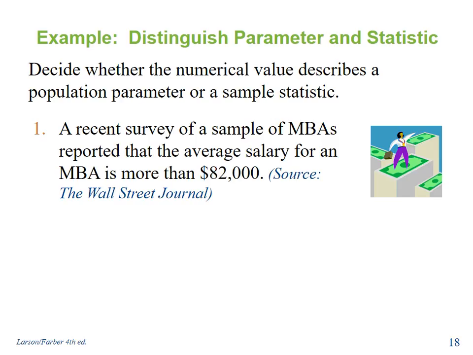They sort of tell you right off the bat. Is this $82,000 a statistic or a parameter? What's the key word that tells you the answer? Sample. If it's a sample, then this has to be a statistic.